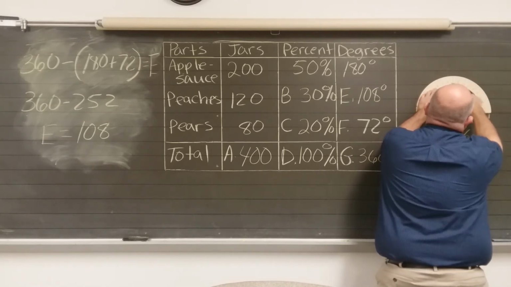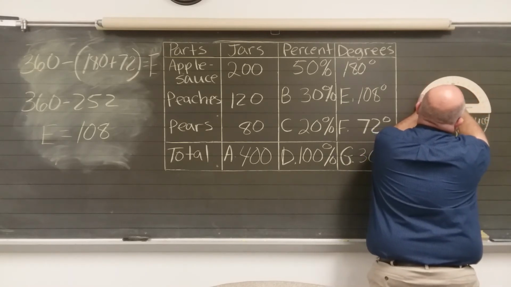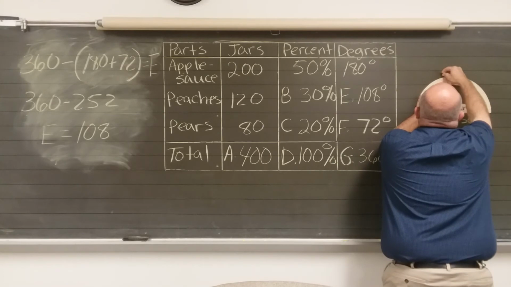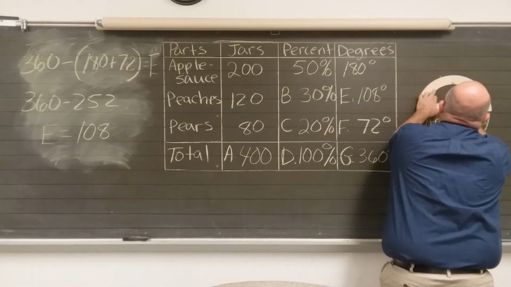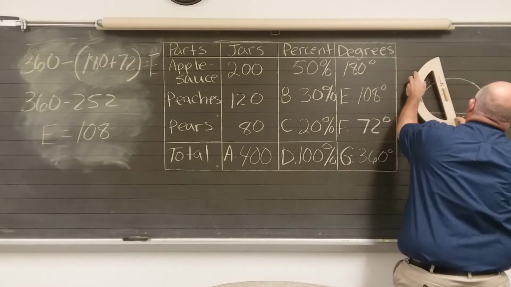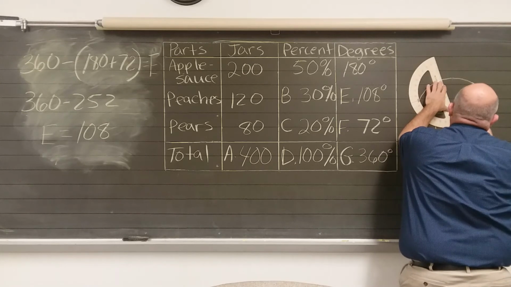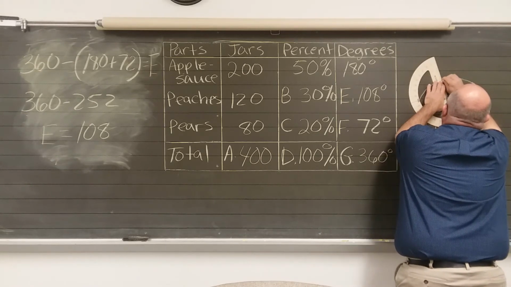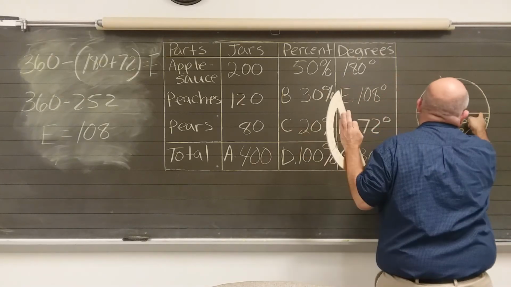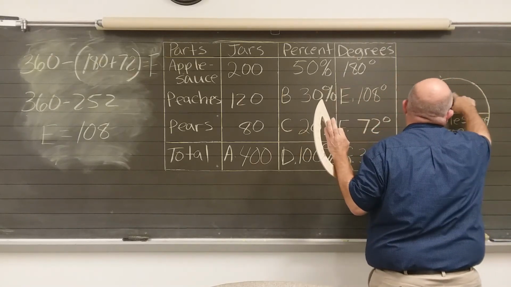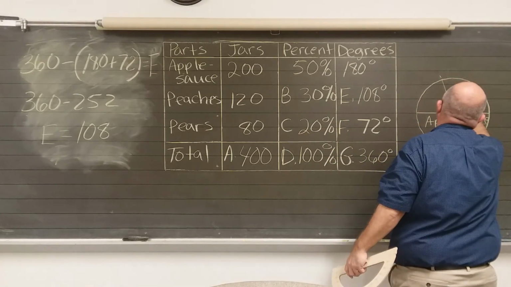So use this line. Here's 90. Here's 100. Here's 110. Right? So somewhere in here is your 108-degree angle. This is your 108, an obtuse angle, more than 90. So here's your 108 degrees.